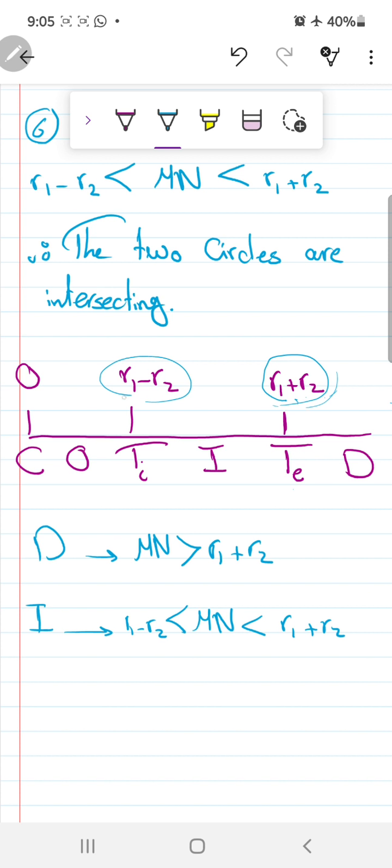Touching internally is R1 minus R2, the difference between the two radii. One inside the other means MN is smaller than the difference. And finally, concentric means MN equals 0. So don't forget to write the number line D T T O C. Again, D T T O C.